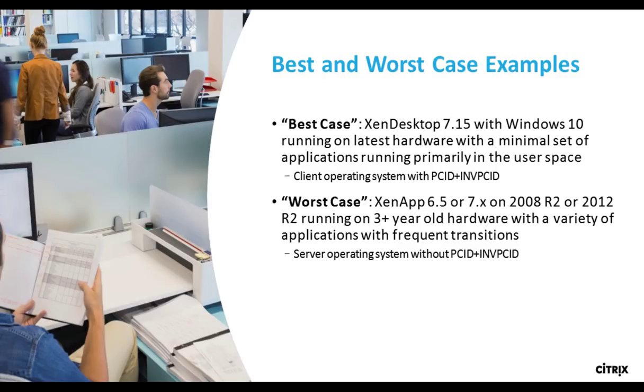And then running on maybe 3-4-year-old hardware with a variety of applications and frequent transitions from user to kernel mode and back again. And that's just to mention, again, a server operating system as opposed to a client OS, and maybe we don't have those instructions or just have one, and then it won't use either. So that's where you're going to see probably the worst case scenario and some of those numbers that might be out there, right? On the blogosphere in the 30% range.